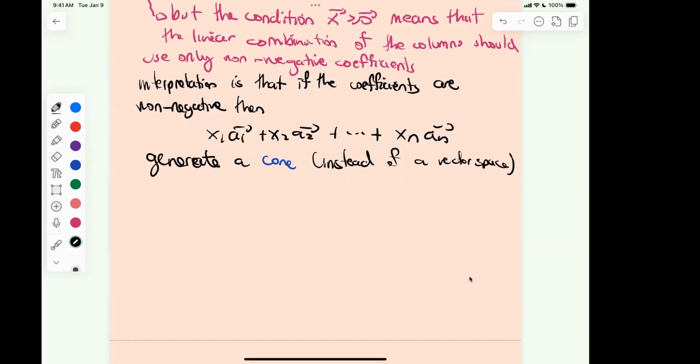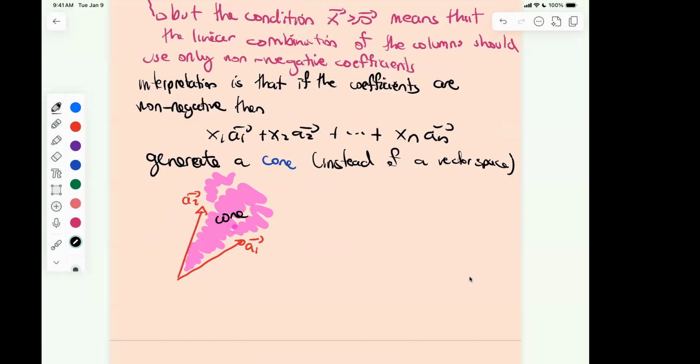For example, if you had a vector a1 and a vector a2, then the cone is in here. This is the cone. You could even try something in 3D.